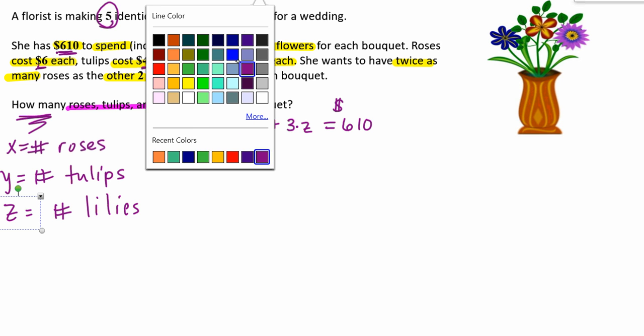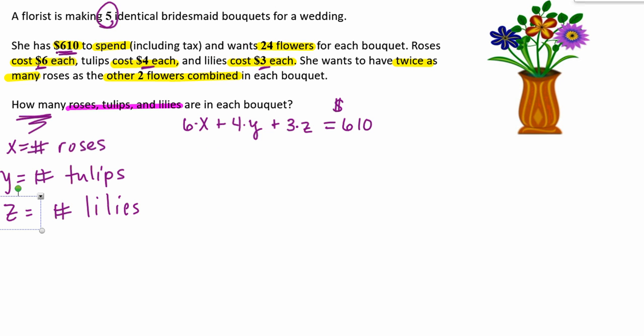Now, the next one that drew my attention was this whole twice. To me, that's a very obvious math word, 2 times. So twice as many roses, so 2x is equal to, oh, whoops, sorry.